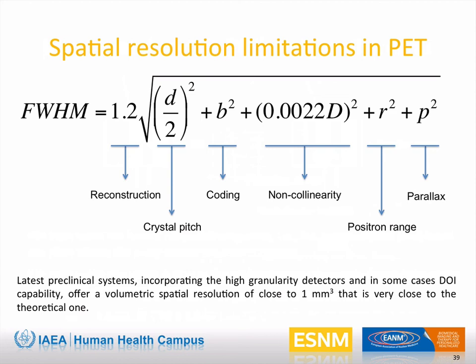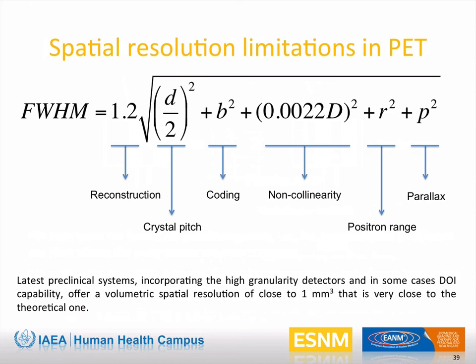This value is estimated assuming an analytical reconstruction algorithm, such as filtered back projection. The factors in the quadrature sum are due to the detector size d, the coding error b, non-collinearity, where D is the scanner diameter, the positron range r, and the parallax error p.